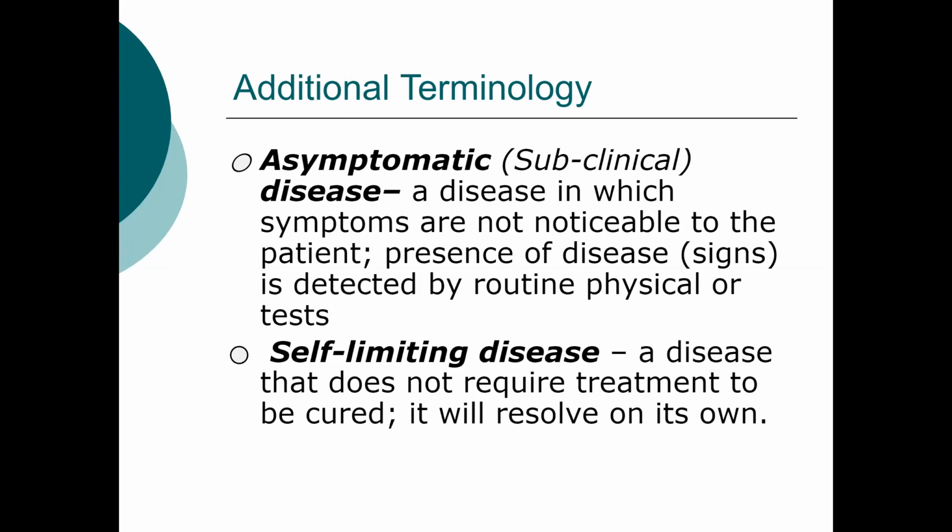Asymptomatic. We hear this a lot now with COVID. They may be positive for something, but they do not show any signs and symptoms. So let's just stay with COVID, for example. Someone may test positive with COVID, but not have any signs and symptoms. No fever, no cough.